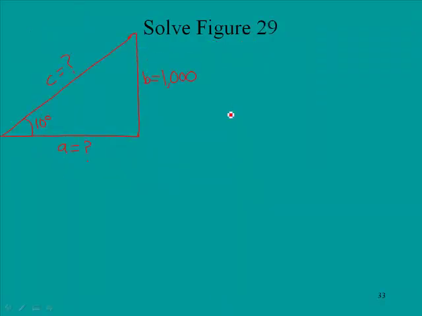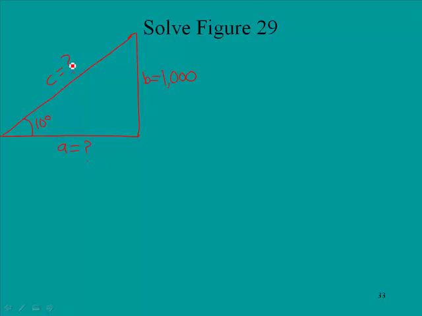Okay, we're at figure 29, and here we have 10 degrees we're given as the phase angle. The opposite is 1,000, and we're solving for A and C. So, let's see. We need to solve for either the opposite or the hypotenuse.